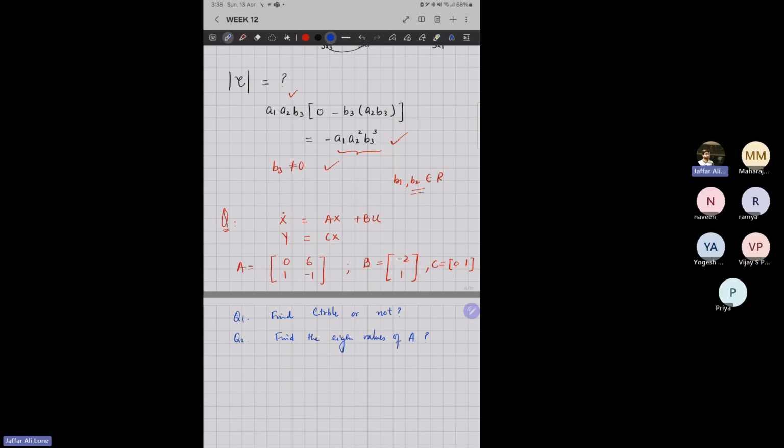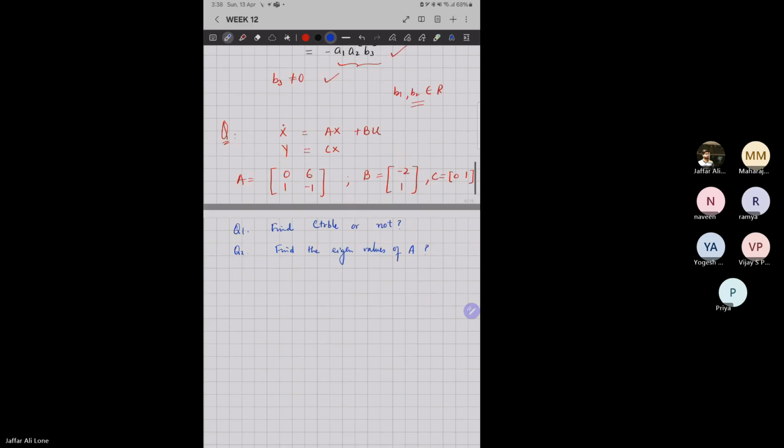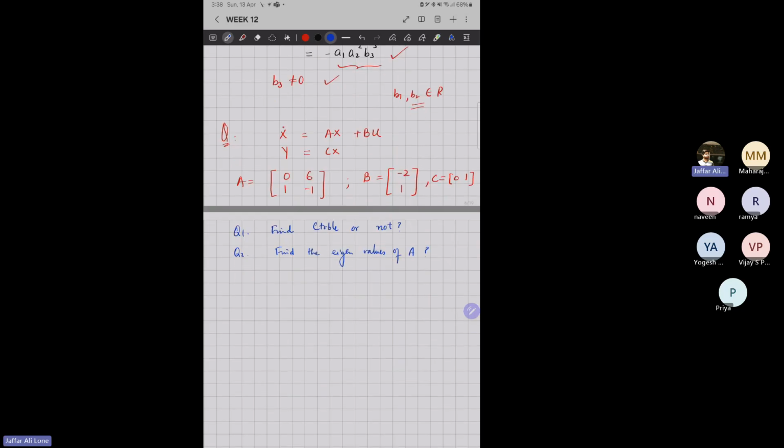Anybody who wants me to compute this? How to find the eigenvalues? Is the system controllable?